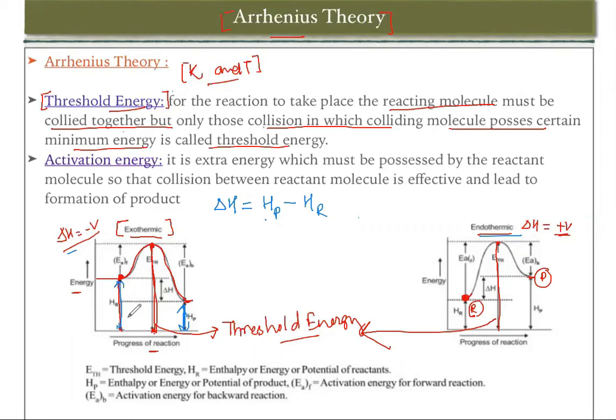If I ask which enthalpy is more, obviously the reactant is more. That's why delta H is negative for exothermic. And if you see that the enthalpy of the product is much higher than the enthalpy of the reactant, that's why delta H is positive for endothermic, whereas it is negative for exothermic.